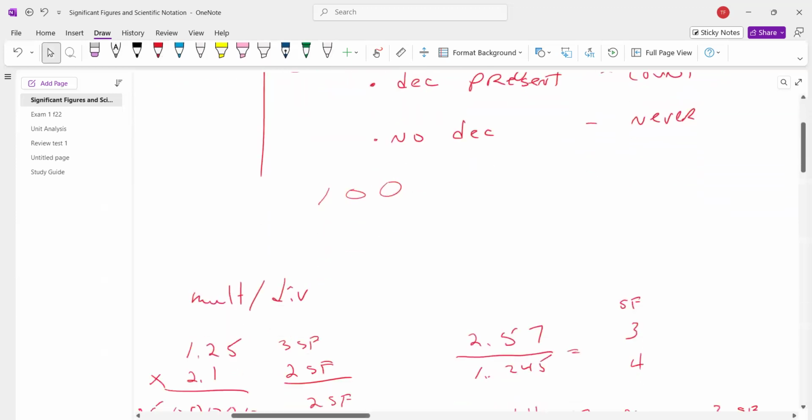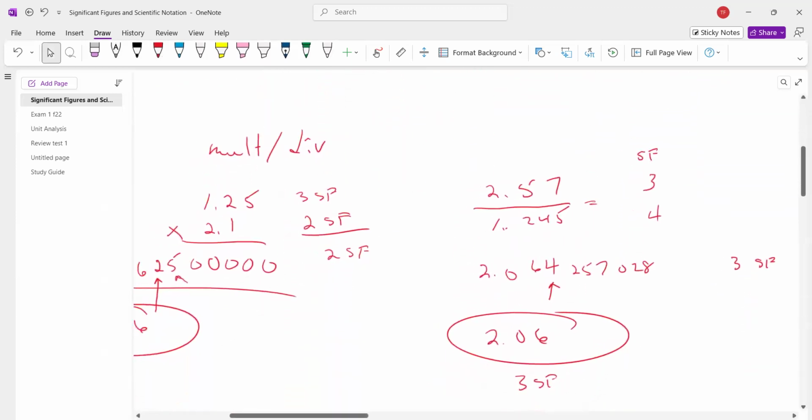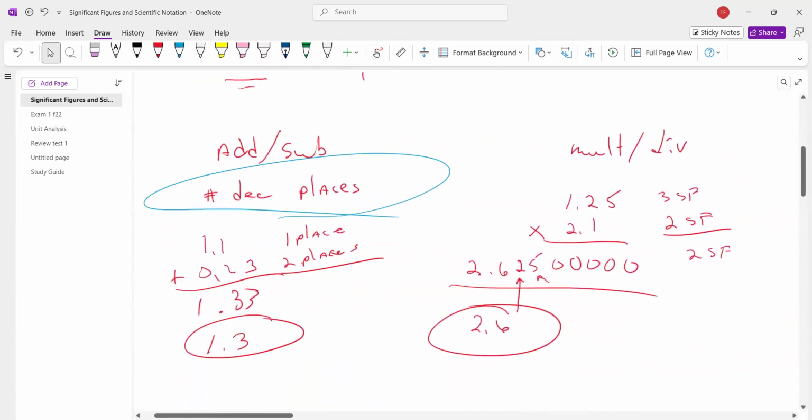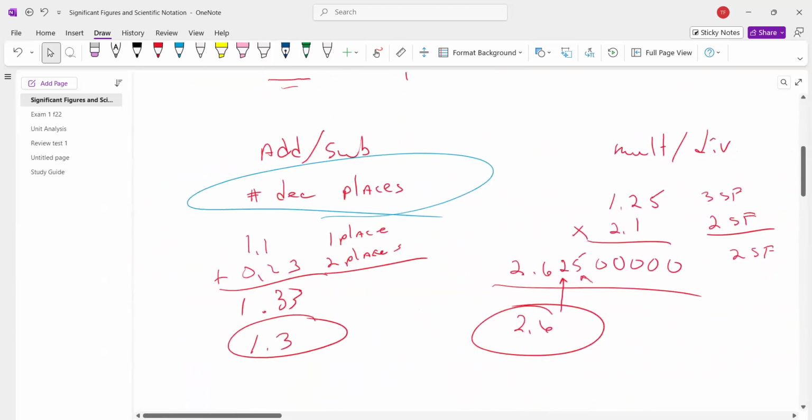When we multiply, divide, or do exponentiation with significant figures, you need to know the total number of sig figs for each part, and that will determine the answer. Except when we add or subtract. Adding and subtracting doesn't care about sig figs, it cares about decimal places.